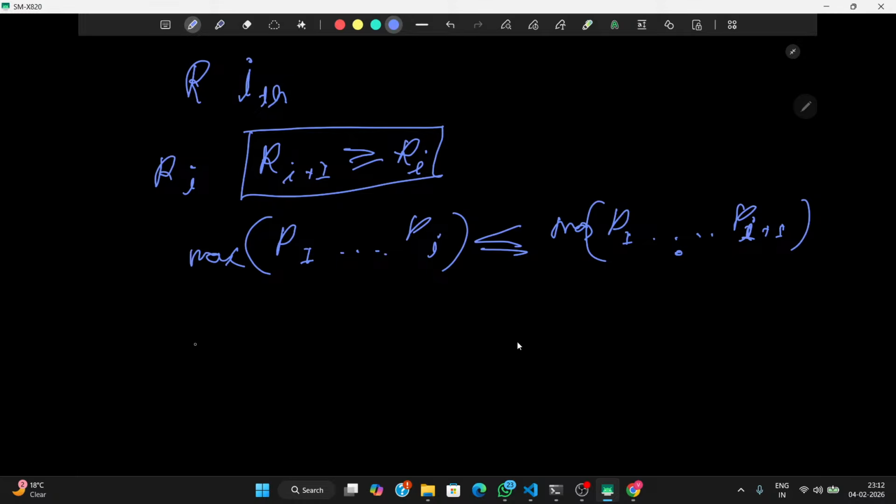Similarly, we can say that the minimum of the first I elements will always be greater than or equal to the minimum of the first I plus 1 elements.